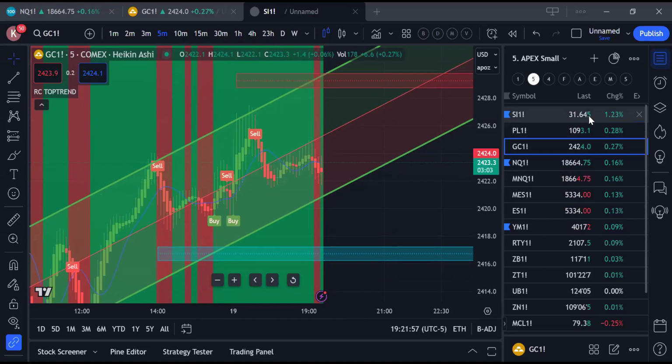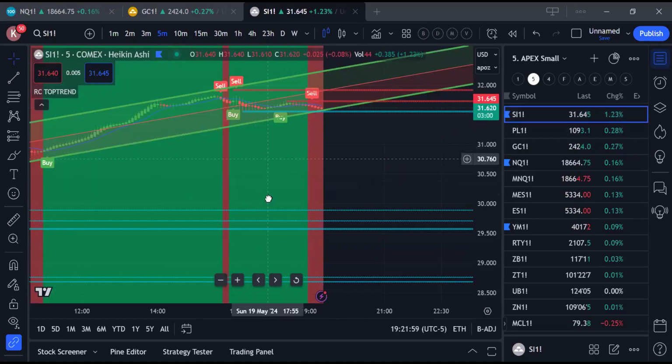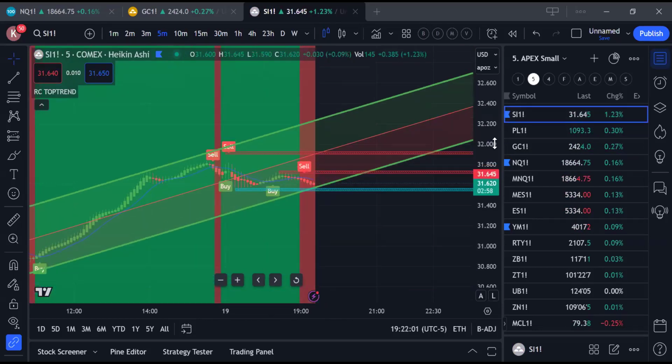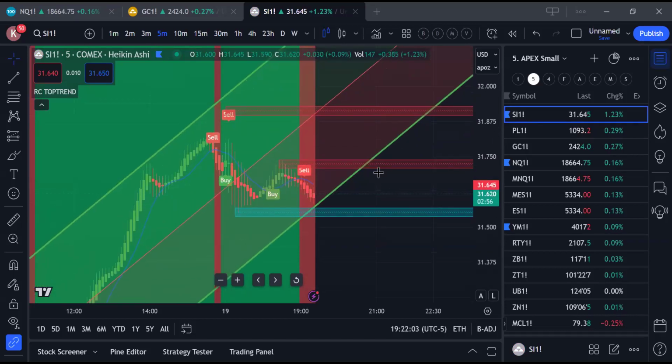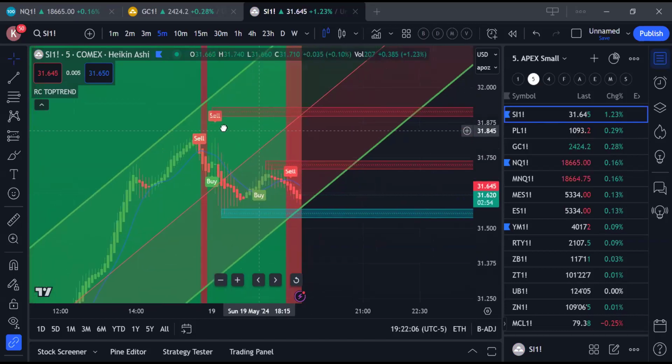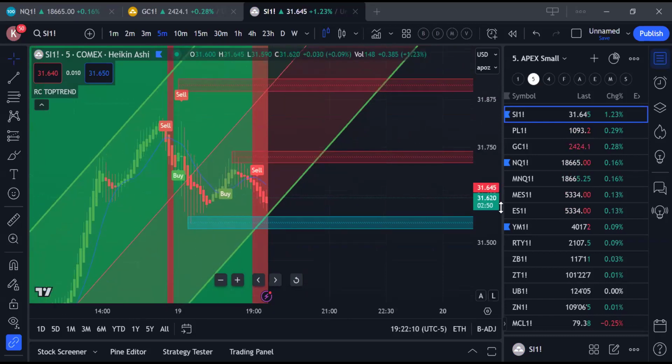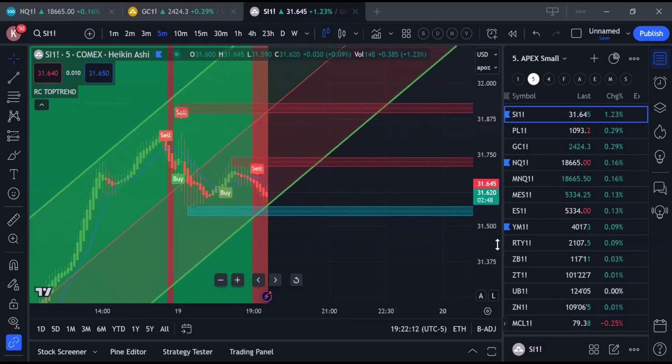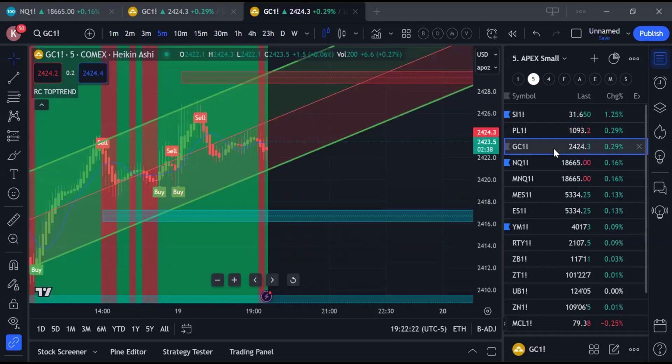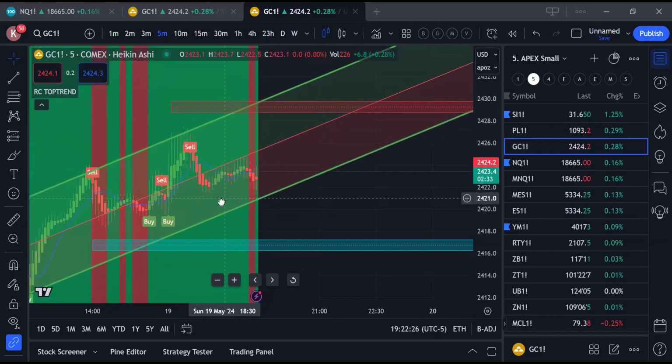Same thing for silver also. First I want to explain this so you will understand the major difference between this one and the top trend. So we got a sell now. Maybe in the next one or two candles, again we will get a buy signal and it will go up. So as of now, gold is looking good because the green started. We are just waiting for a buy signal.